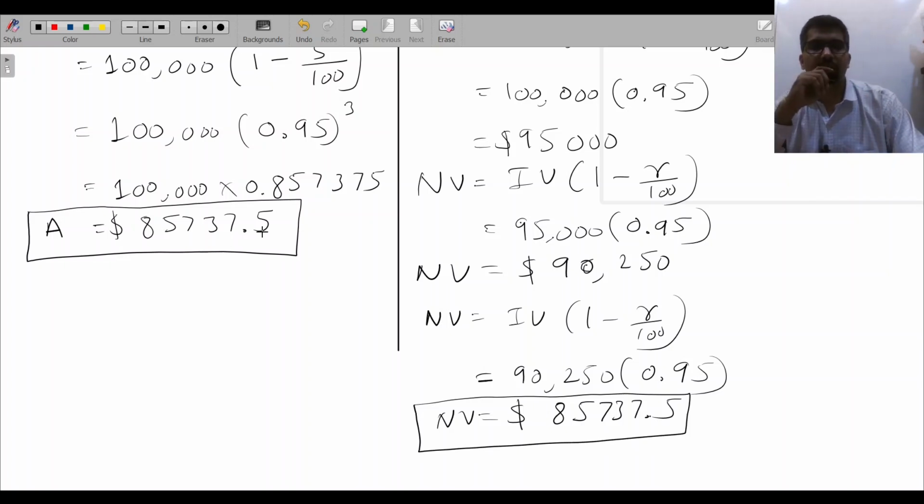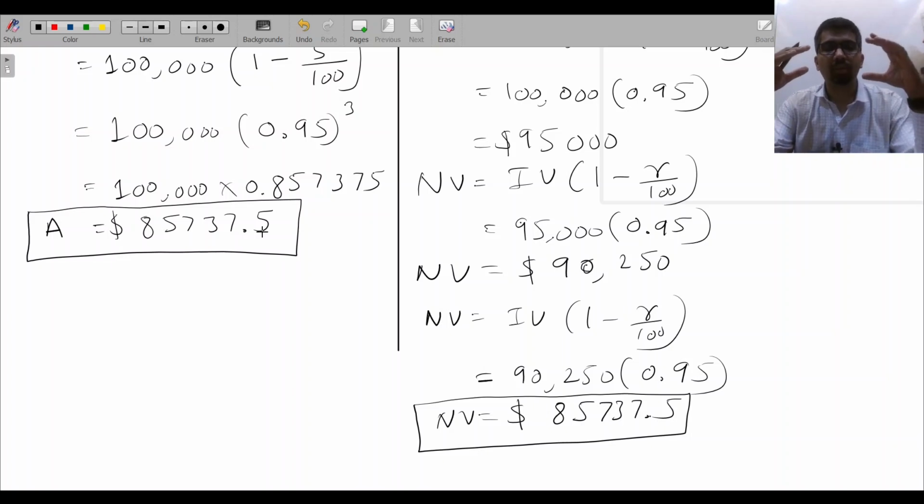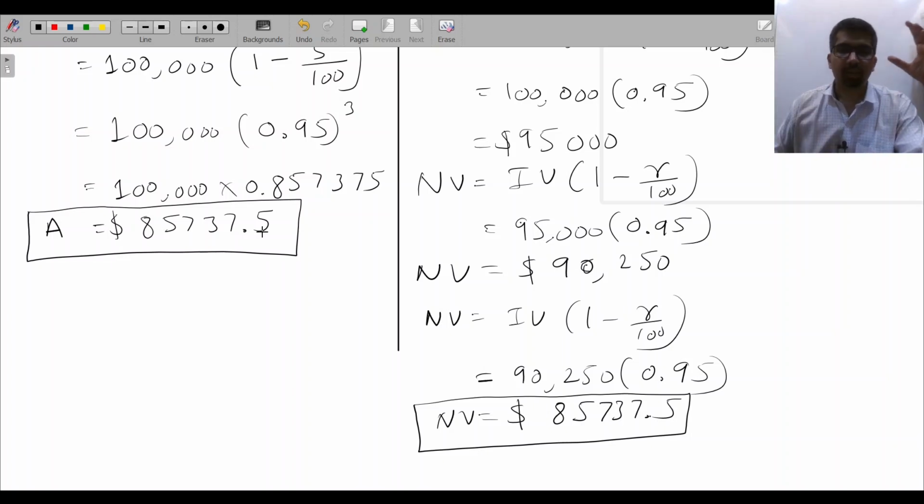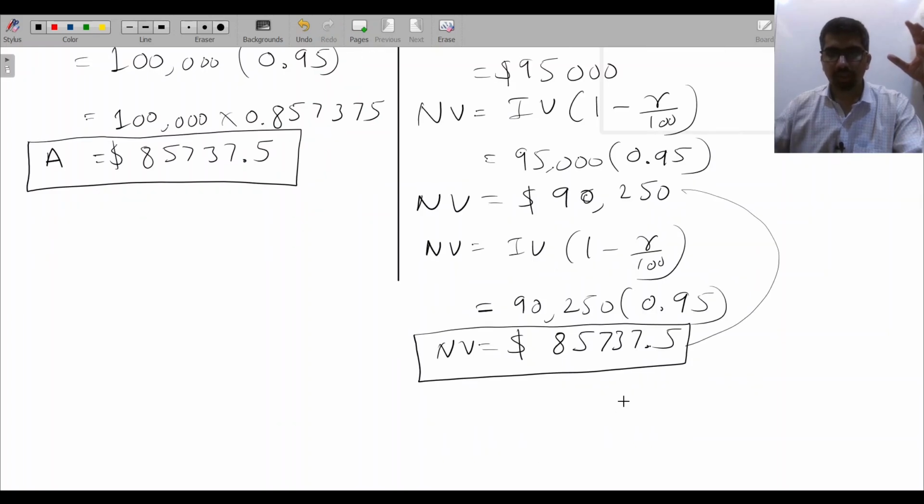And suppose the question is find the value depreciated from second year to third year. Means you have to find the difference in the value from the second year to third year. Just subtract these two. So change in value from second to third year: 90,250 minus 85,737.5.